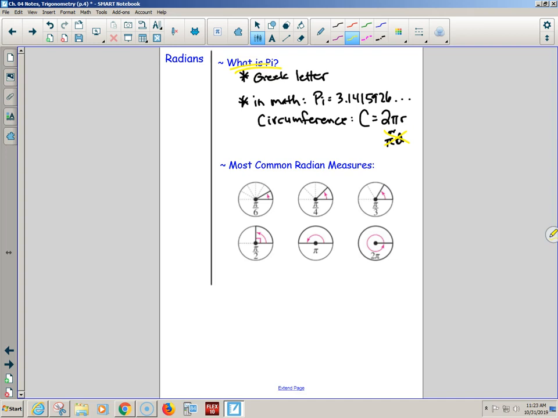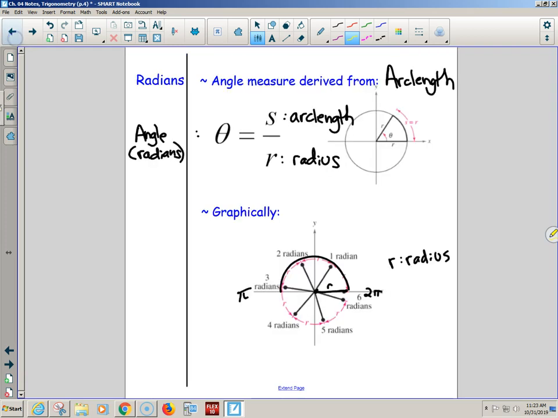Circumference is the distance around an entire circle, right? Where could I plug 2 pi r into the equation that we just saw? What is circumference a measurement of? Is it an angle, an arc length, or a radius?